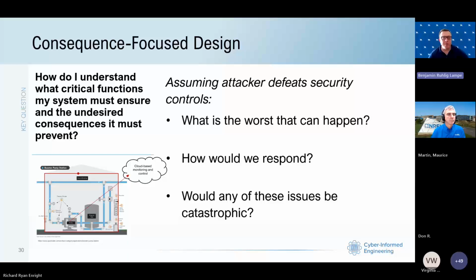Yeah, absolutely. So if we think about consequence-focused design in light of the pump station, when you ask what's its reason for existence, you can see how maintaining a certain amount of pressure really becomes its critical function.